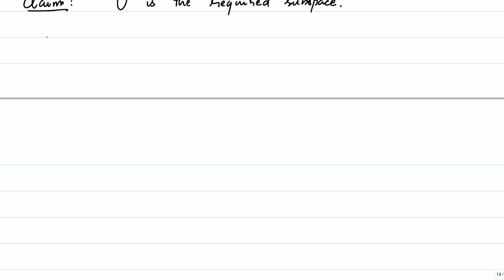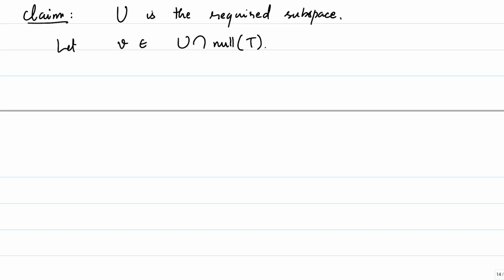So the first part is to show that U intersected with the null space of T is 0. This is what the question mark is, right? So let v be in the intersection of U and the null space of T. So v is an element of capital U implies that v is equal to some a1 v1 plus up to an vn, because recall that capital U is the span of v1, v2 up to vn.